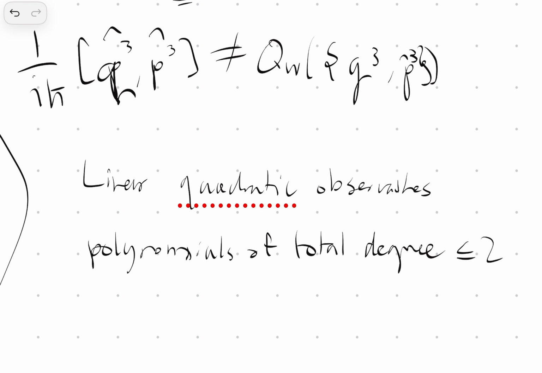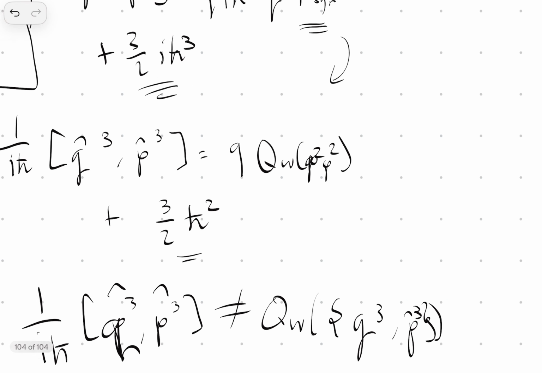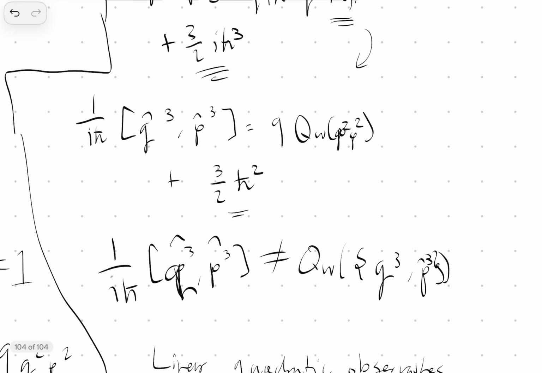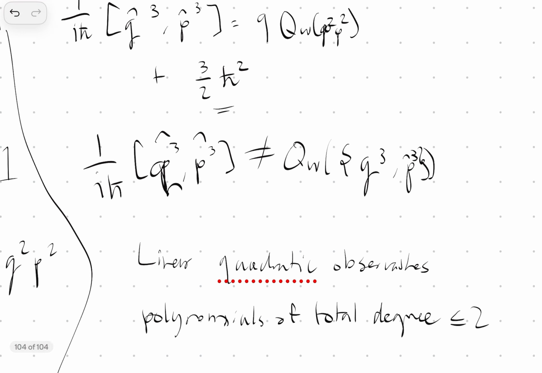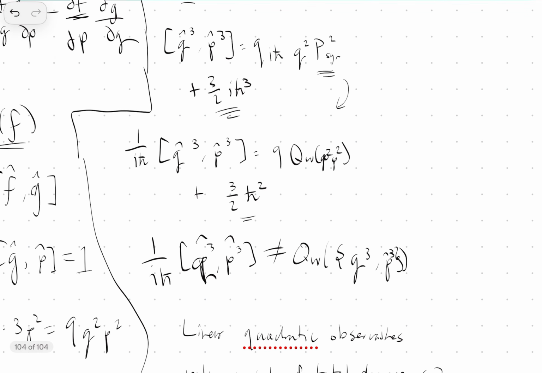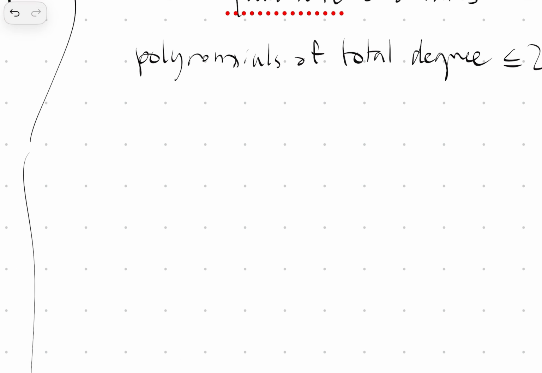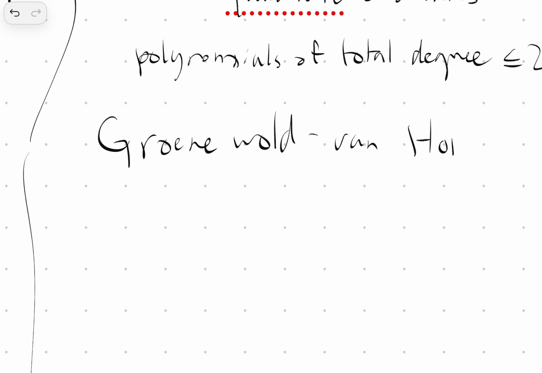The quantization map can be made a Lie algebra isomorphism. So for cubic and higher observables, the operator ordering ambiguities necessarily introduce corrections of h bar squared and higher. This is formally called the Groenewold-van Hove obstruction.